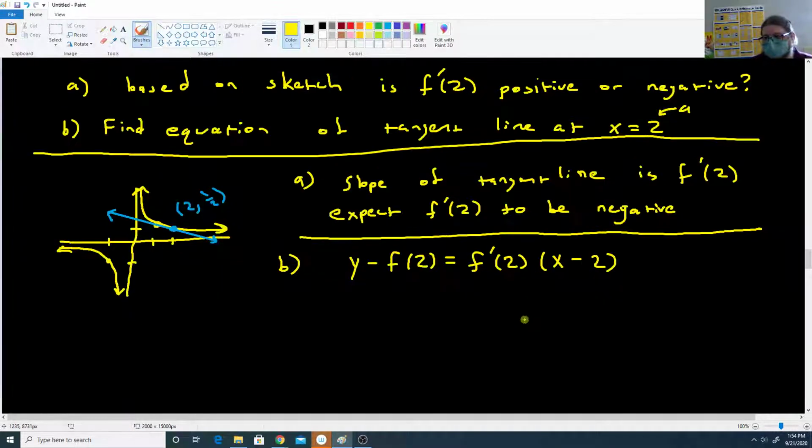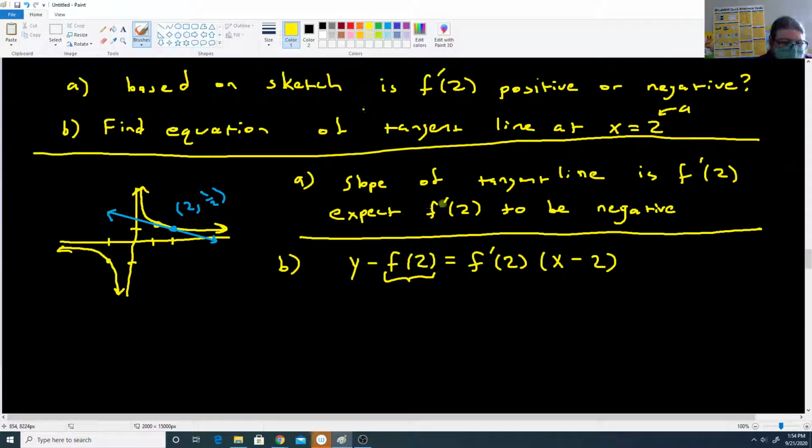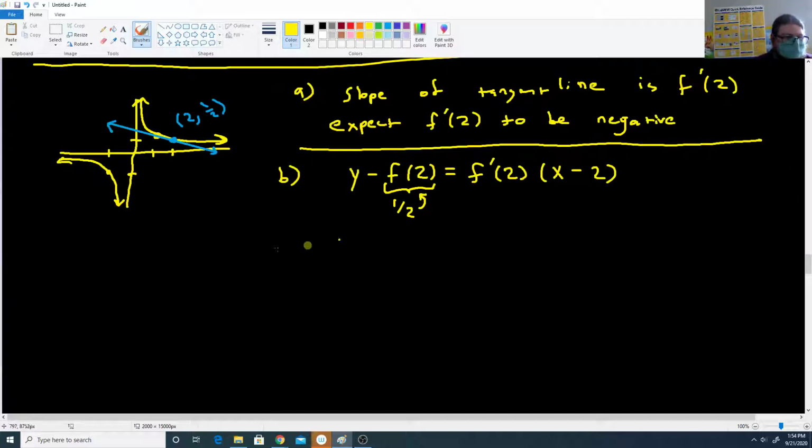So we have to figure out what these values are. If I plug 2 into my function 1 over x, that becomes 1 over 2. So 1/2 is f of 2. That's not too bad. The f prime of 2, though, is going to be a little trickier.